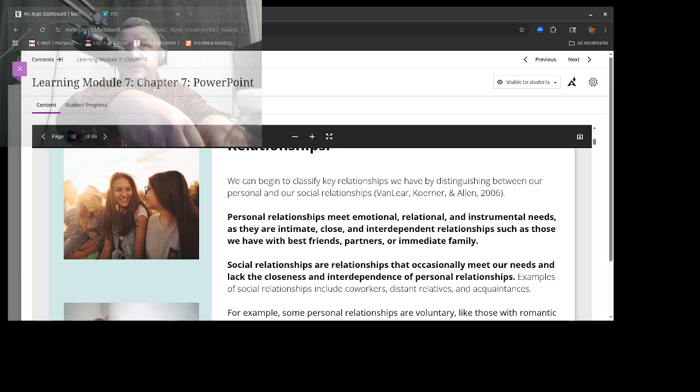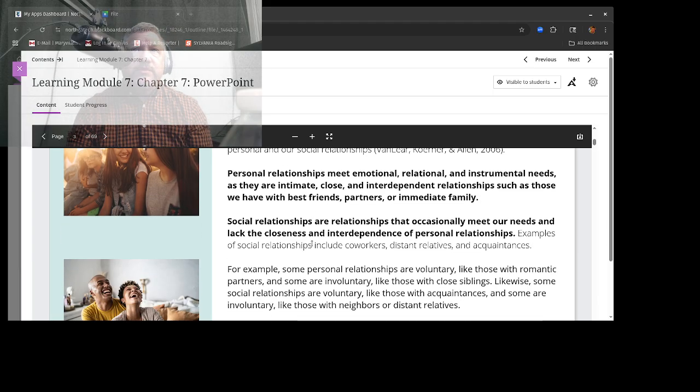They are intimate, close, and interdependent relationships, such as those we have with our closest friends, our partners, or immediate family. Whereas social relationships are the relationships that occasionally meet our needs and lack the closeness and interdependence of personal relationships.